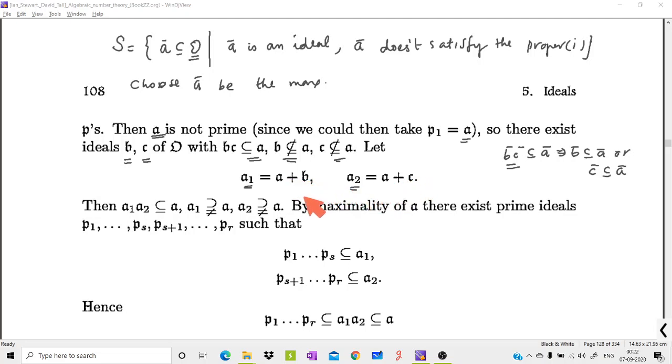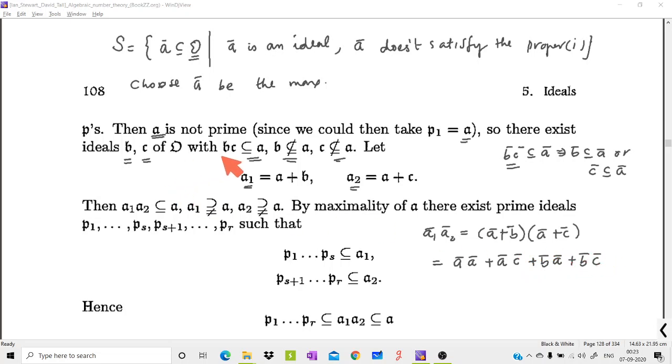A2 is equal to A plus C. Now if you collect the product A1 A2, this is A plus B into A plus C. Then by taking product you can get AA plus AC plus BA plus BC.